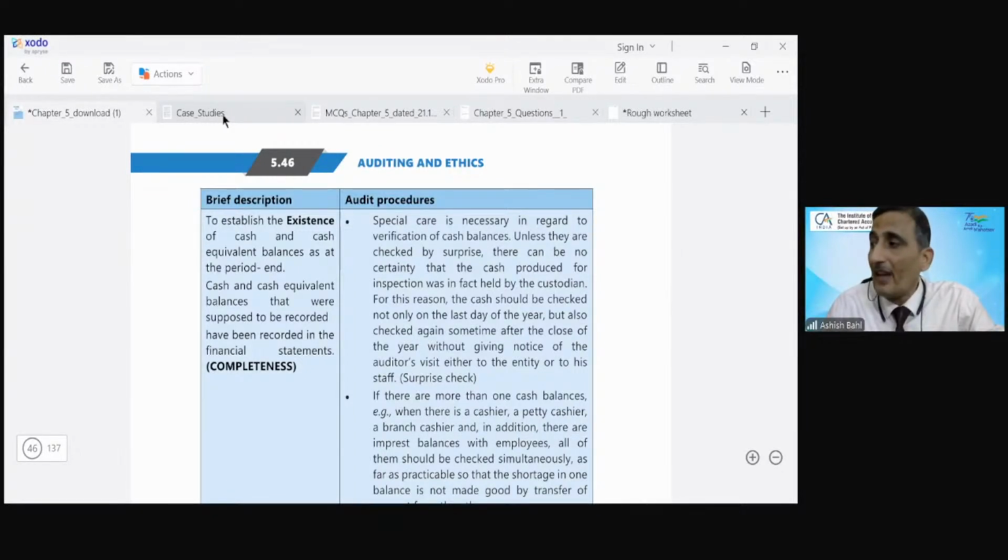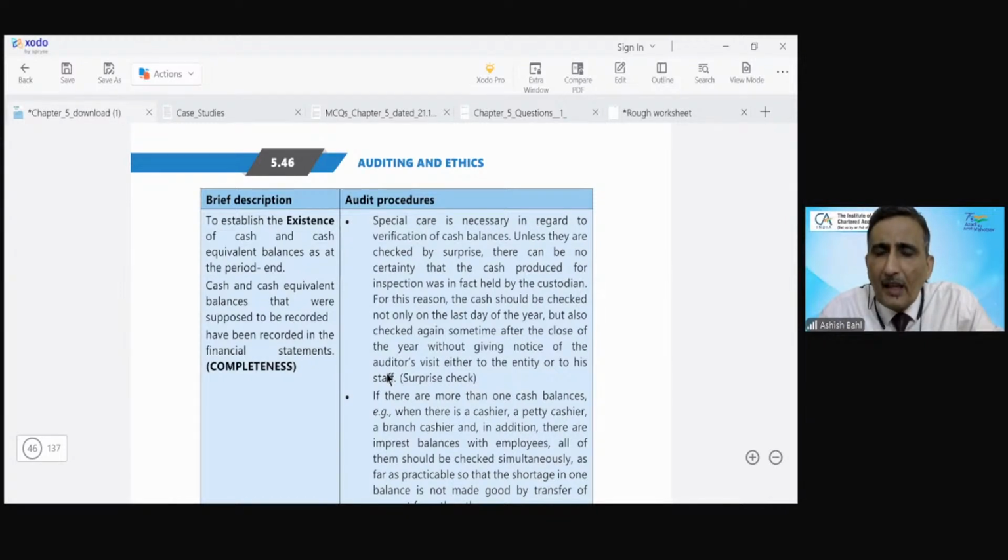When you read the case study, my request to all of you is to read it carefully and do not hesitate in answering the questions. Those of you who are live should attempt to answer depending upon the level of your understanding and knowledge gained till now.